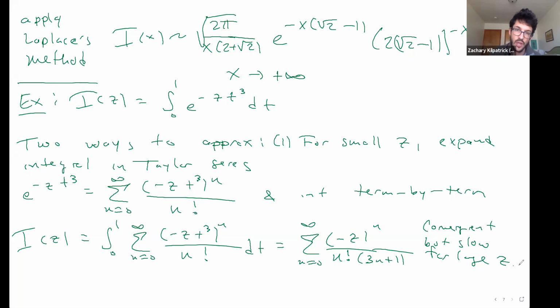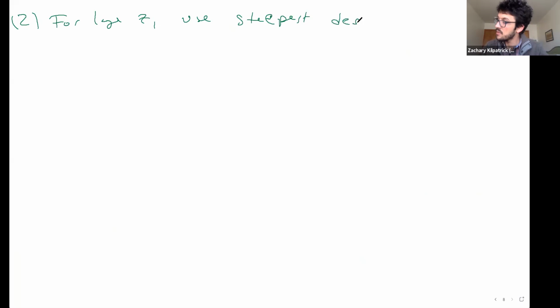So it's going to be slow, it's going to be inaccurate, but it's going to be right as long as you take enough terms, okay? Now, as we've shown, right, if we want a better expansion for large z, we have to do a little bit more work up front, and that's using steepest descent.